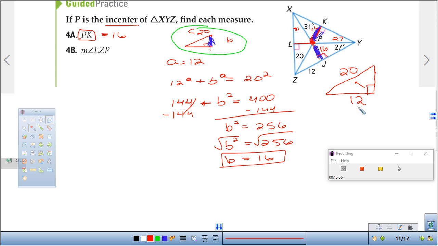So when I have a right triangle, you want to think of a squared plus b squared equals c squared. It's the Pythagorean theorem. There's a side length relationship. If you get the two smaller sides and square them, and add them up together, they're equal to the side length of the hypotenuse, that third side length squared also.